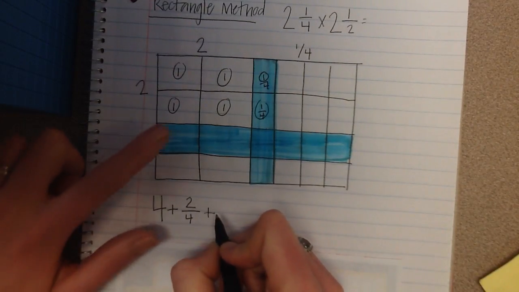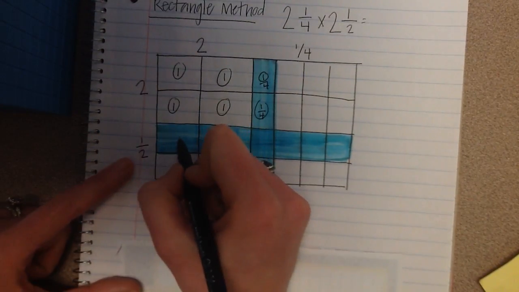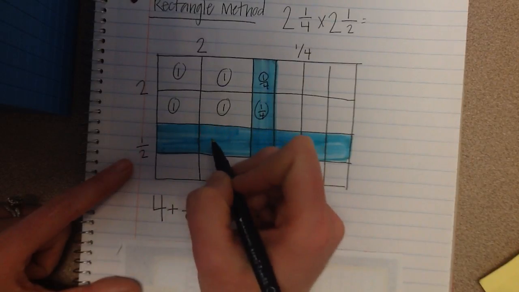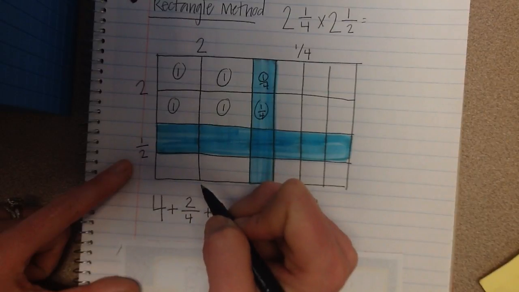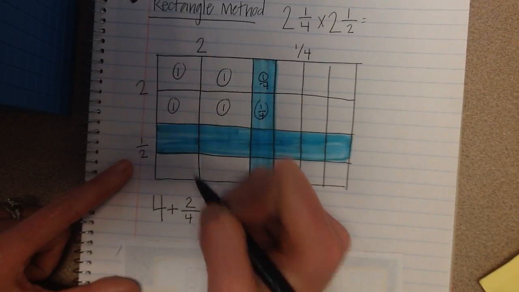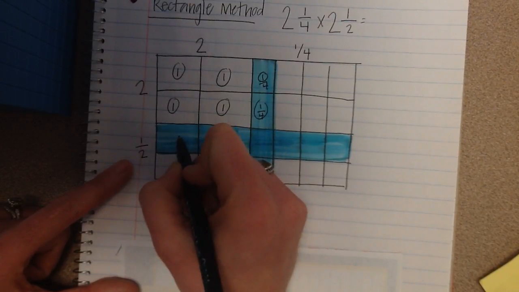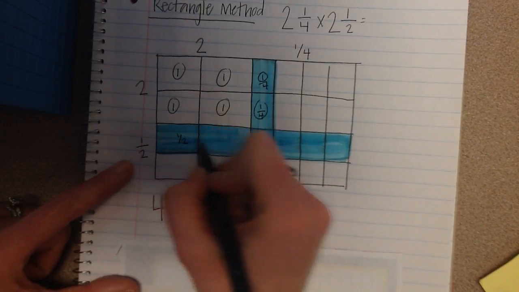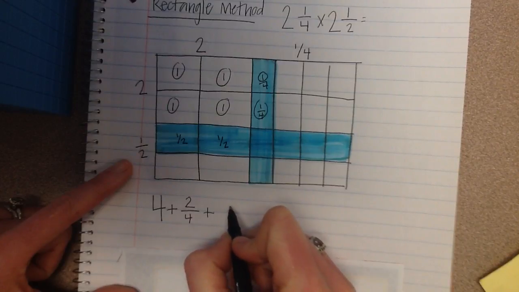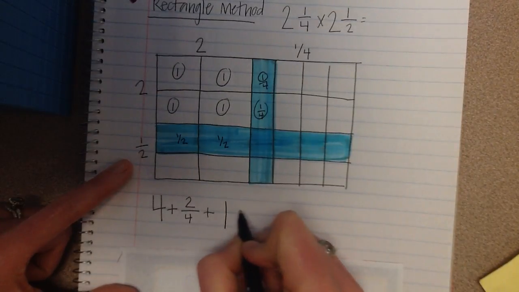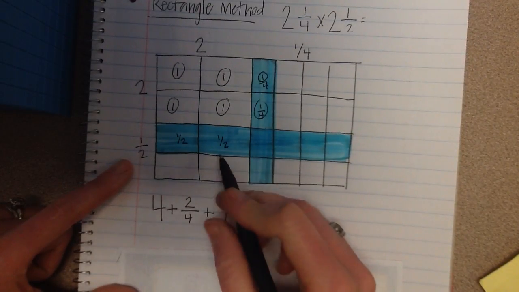Plus here, this would become, let me think here, that's a half, because those are halves, and this is a half. So here we really have 1 whole because 2 halves together equal 1 whole.